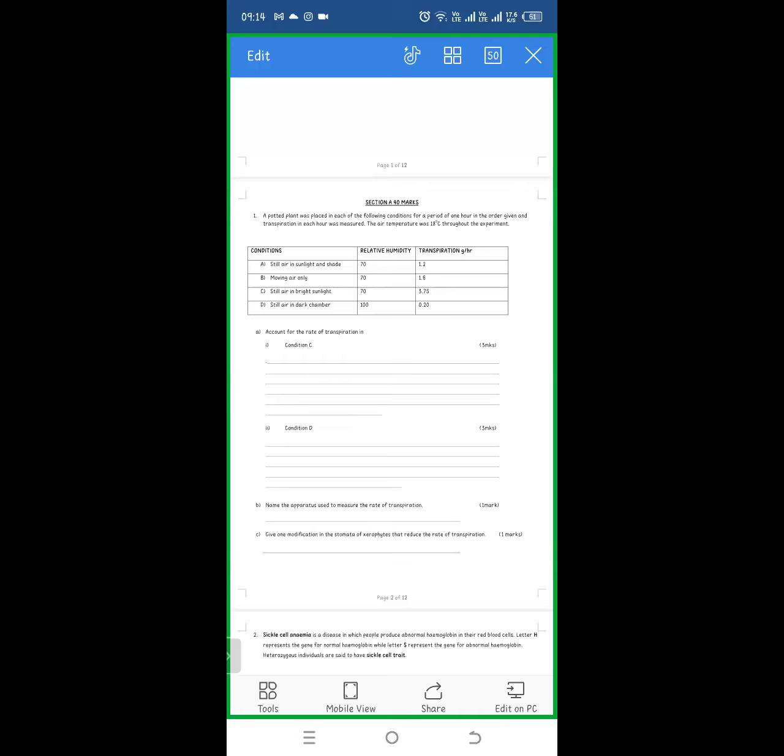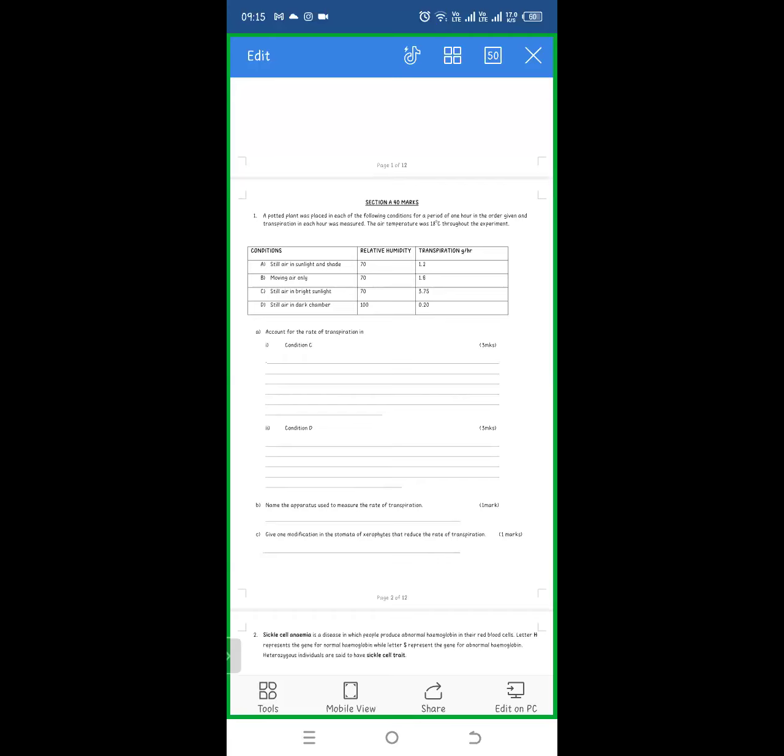And this can only be attributed to sunlight, because when sunlight intensity is increased, the stomata will open fully, because guard cells contain chloroplasts, which have chlorophyll to trap sunlight. Therefore, photosynthesis occurs, opening the guard cells fully, and thus the stomata are open. Therefore, we have high rates of transpiration.